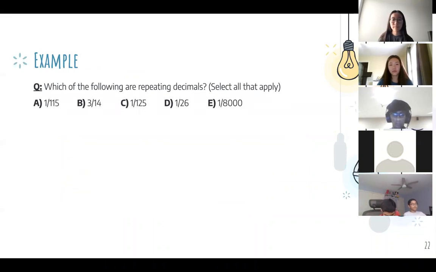So let's do a quick example. Which of the following are all repeating decimals?